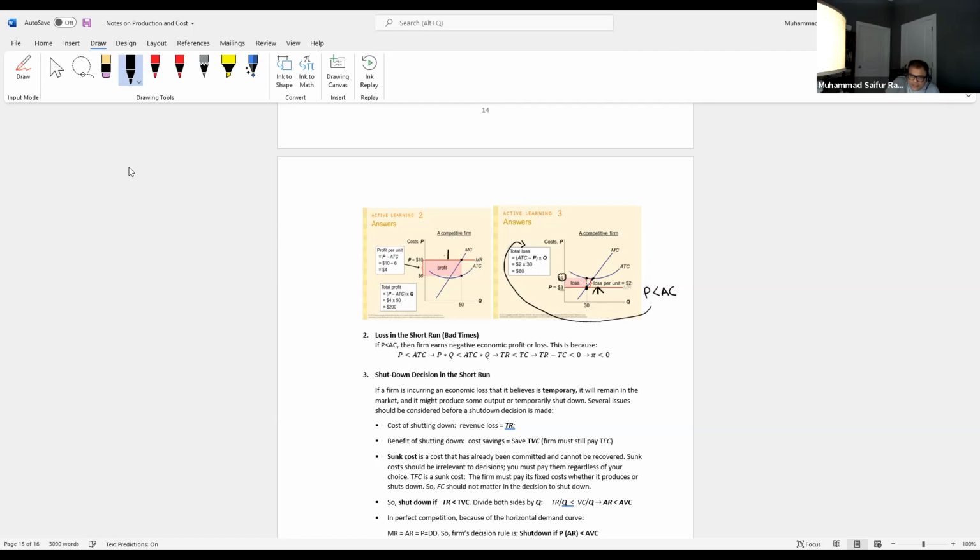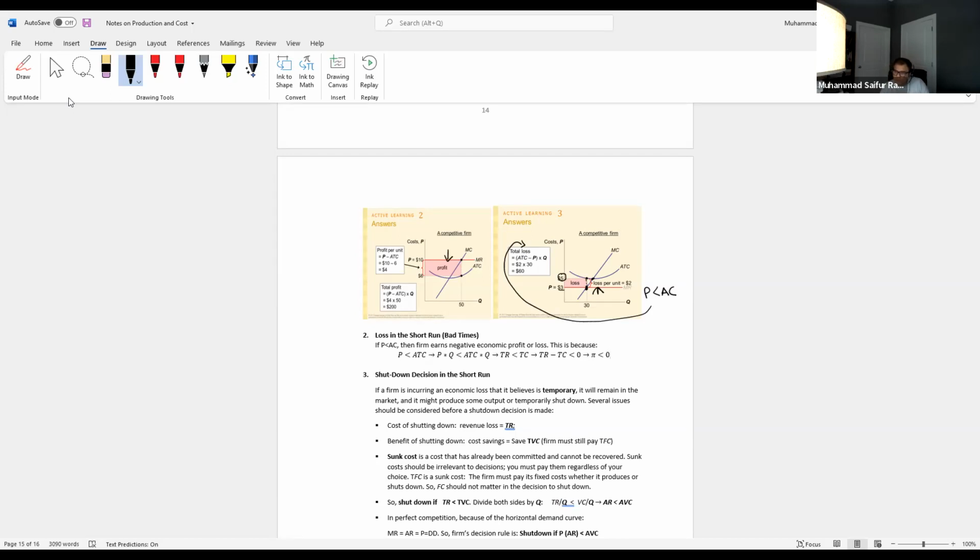If price ends up higher than average cost, you earn profit. Okay, so the reason why we talk about profit and loss, good times and bad times, is because both of them are a possibility for a firm in perfect competition.